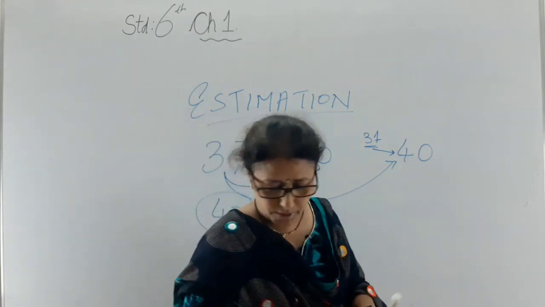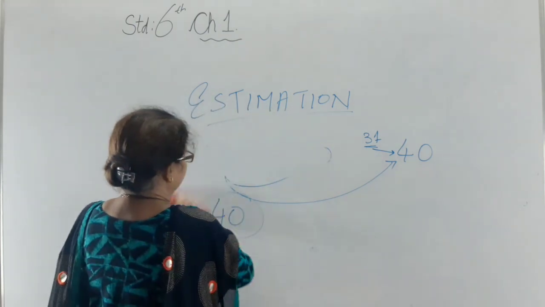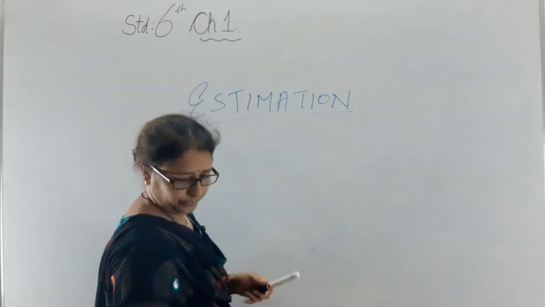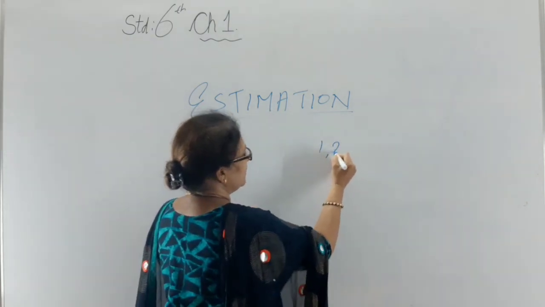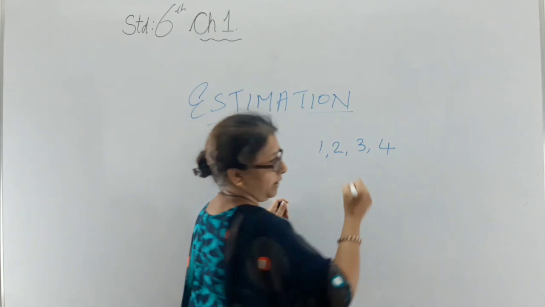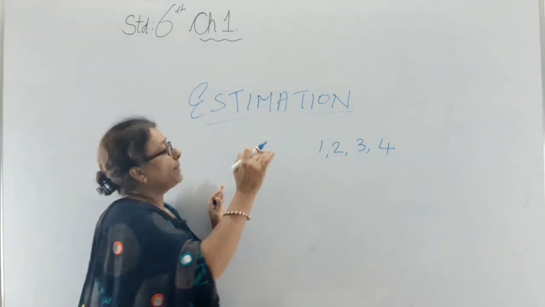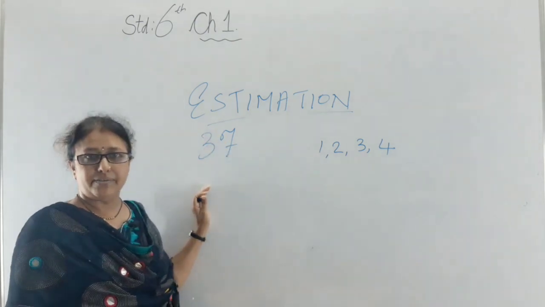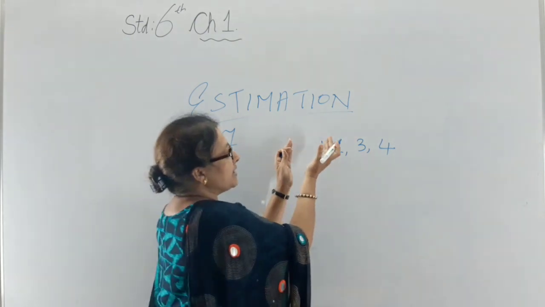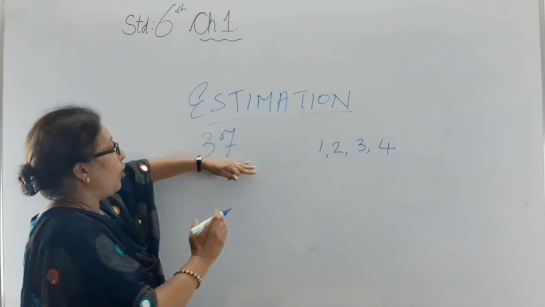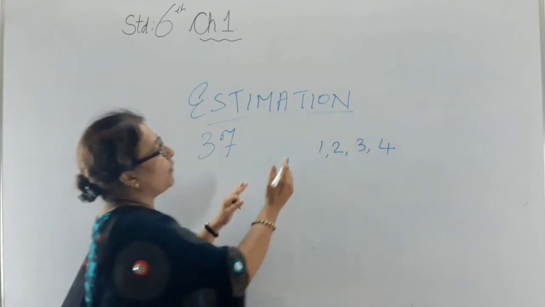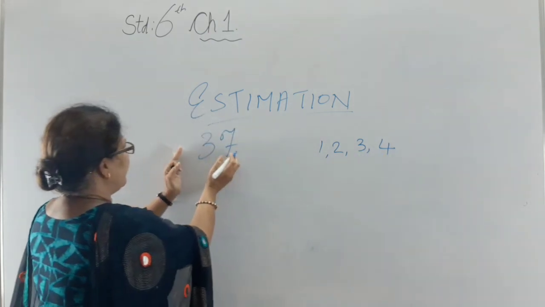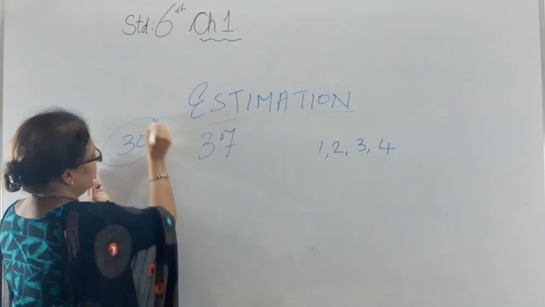Now there is a common rule for estimation. If any number is given, we'll take the same example, 37, we will always see the last digit. If it falls in the category of 1, 2, 3, 4, then my approximate value will become 30.